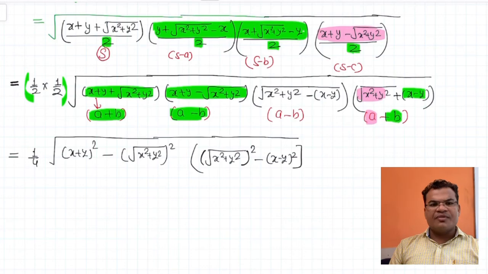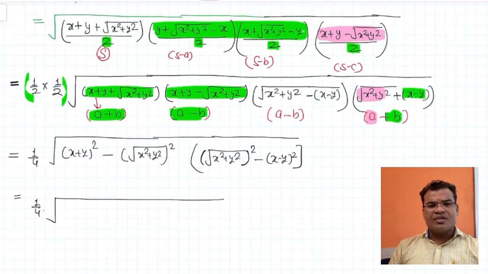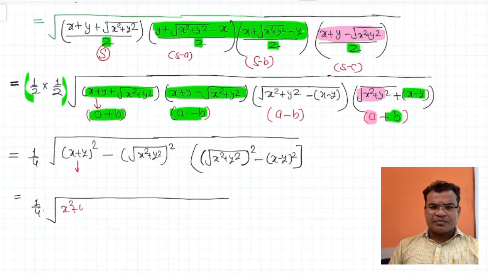Now we have to simplify it. X plus y whole square, we have to open the bracket, a plus b whole square. So a square plus b square plus 2ab will apply here. Let me write x square plus y square plus 2ab. 2ab means 2xy, right?